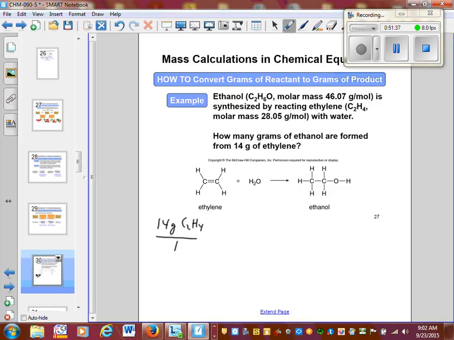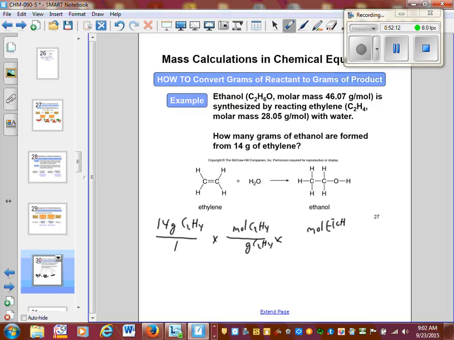Where we came from goes on the bottom. Now we're at moles of A. What's our next stop? Moles of B. Don't read what's on the line. Read the stop. Those are in between the lines. Moles of ethanol. Where we came from, moles of C2H4.